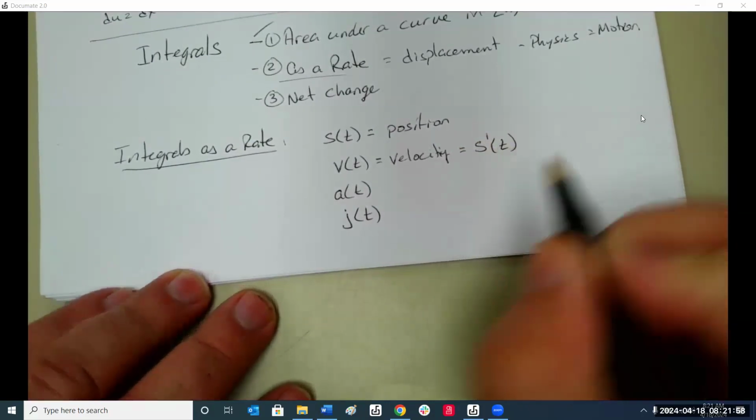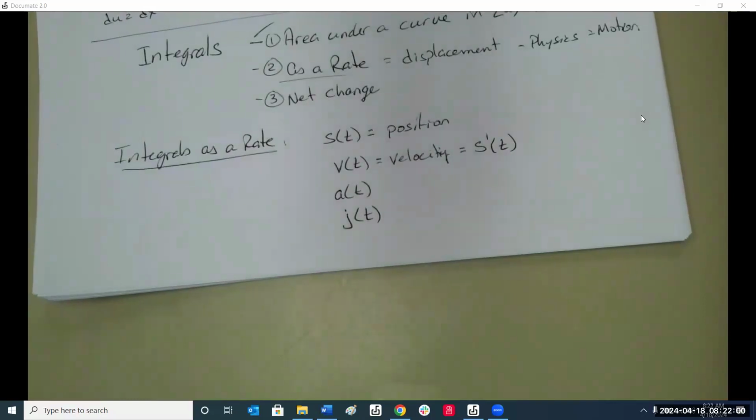It's the first derivative of your position function. Because you don't have a velocity unless you go from point A to point B divided by how much time it took you to get there. That's what velocity is. Velocity and speed are the same thing, except we just like to call it velocity.